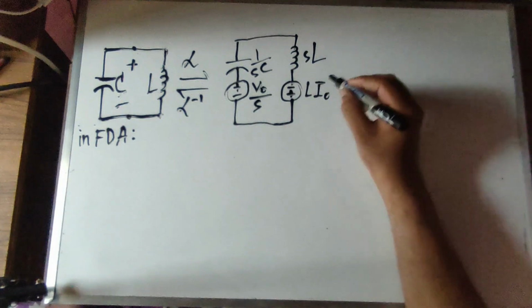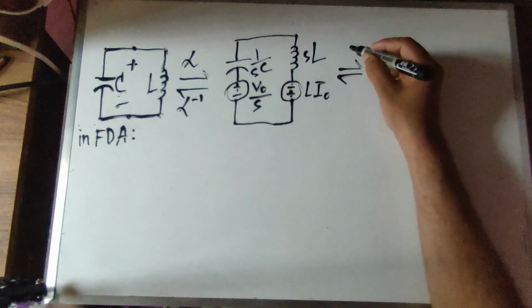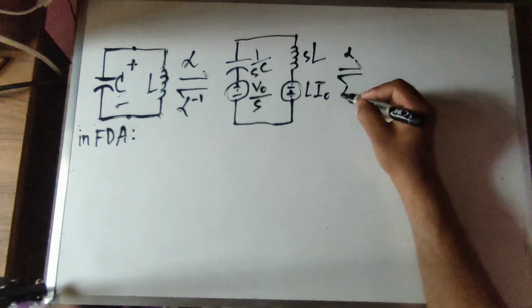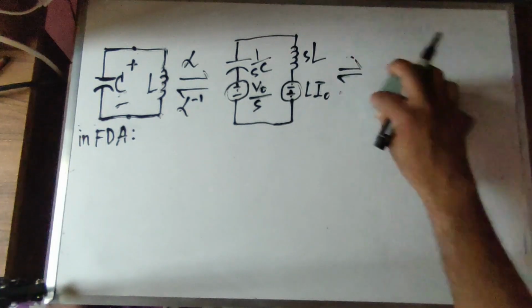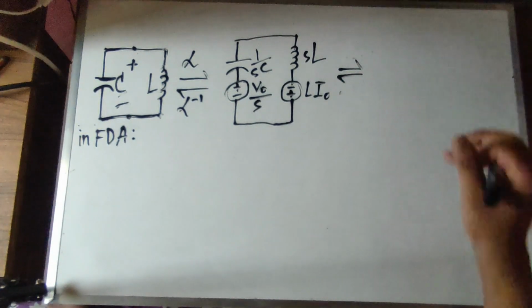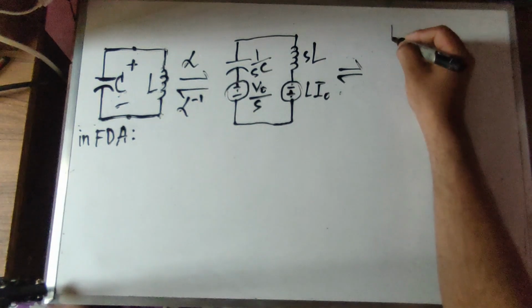This is for KVL. We will also use the current source analogy.